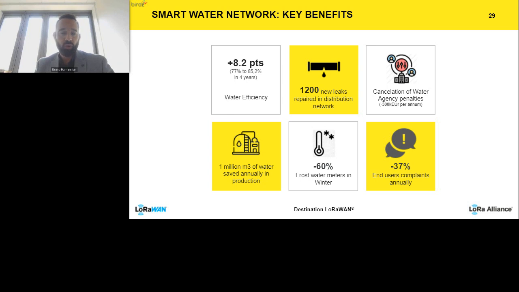And with LoRaWAN smart water meter, we are able to monitor and forecast frost events and notify the end clients to participate proactively to find means to thermically protect the water meter with blankets or isolation material in order to avoid the frost and the destruction of meters. Driving minus 37% of end user complaints annually. That's really the mix of non-financial and financial benefits.